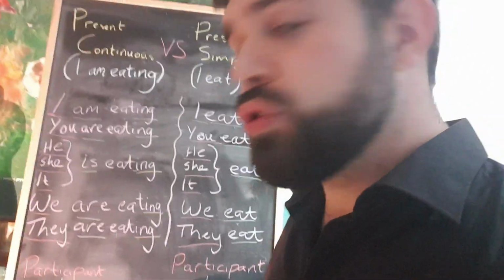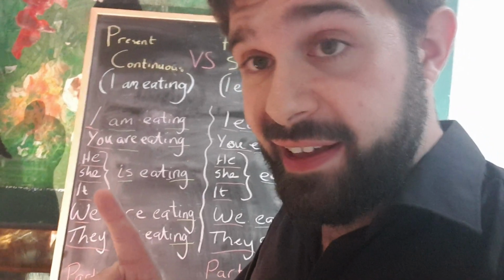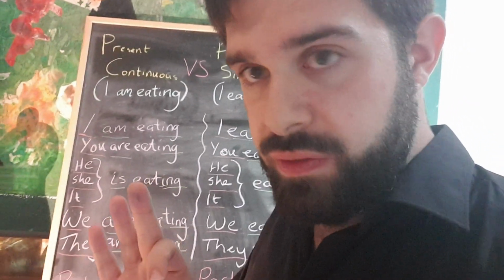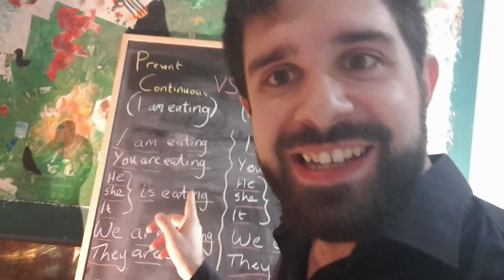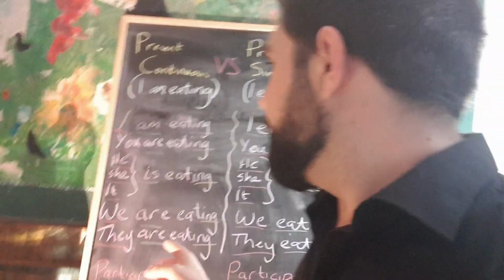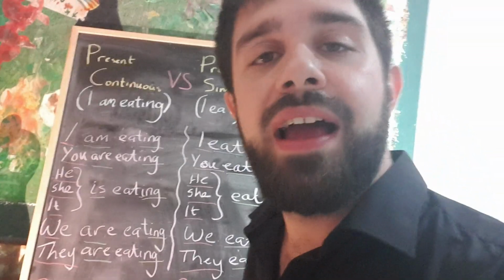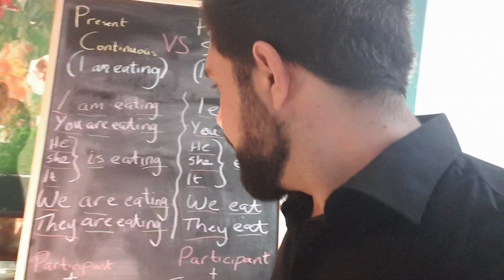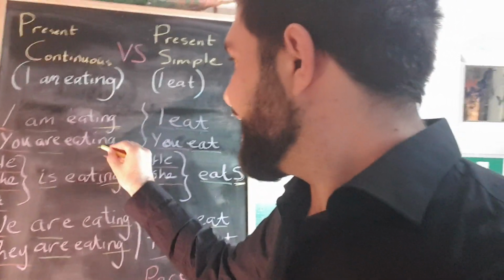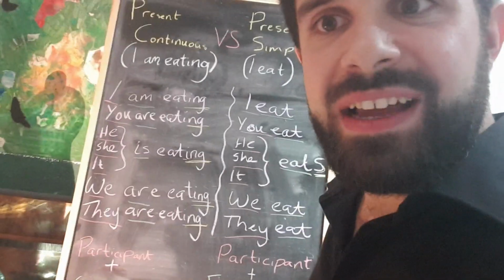So you put the correct conjugation of the verb to be: I am, you are, he is, she is, it is, we are, they are. And then at the end you put the verb, eat in this case, and ing at the end. Eating, you are eating, she is eating. So that is how you make it.